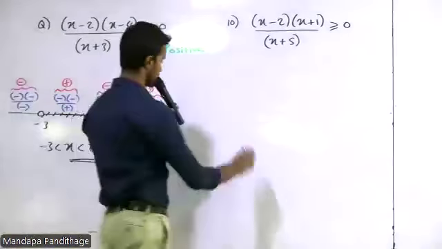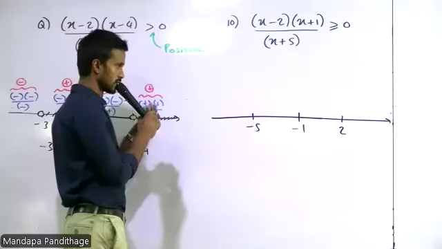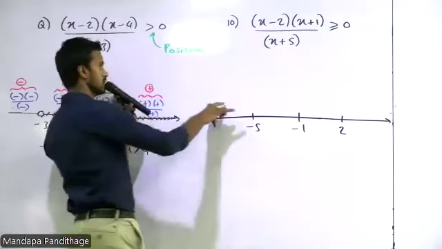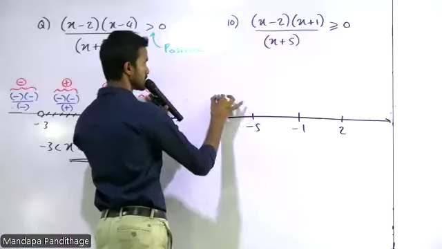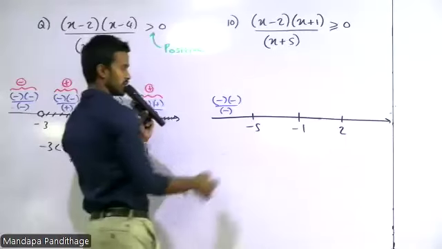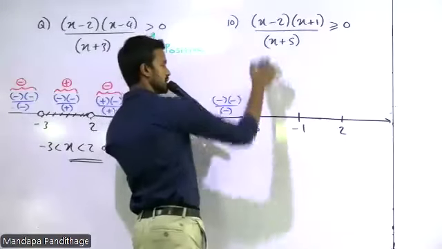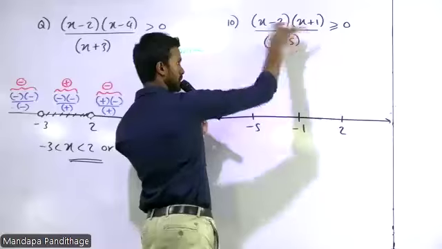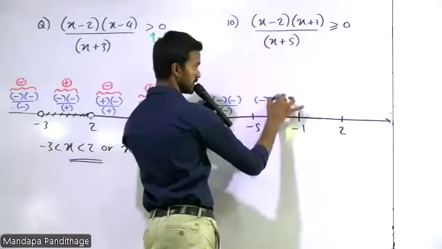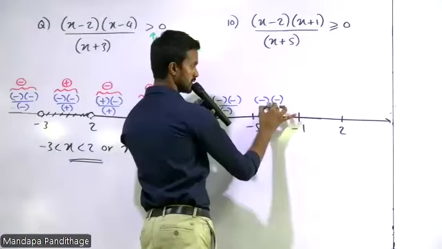Clear? Okay, then think of any number in these regions. If I go with minus 7, this is minus. This is even minus. Minus 7 plus 5 is minus. If I go with minus 3, minus 3 minus 2 is minus. Minus 3 plus 1 is minus. And this one is now positive.